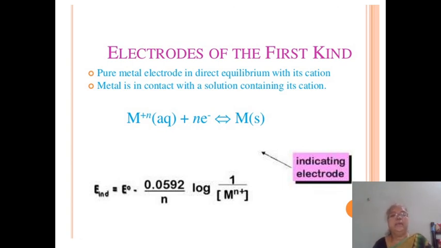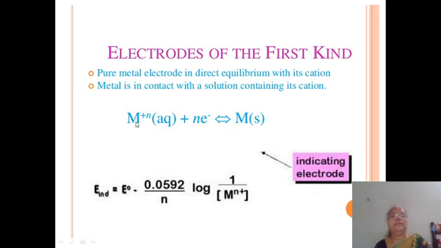Then another type of electrode is the metal electrode. When any pure metal electrode is in direct equilibrium with its cation solution, it forms the metal electrode, and for your study there are the copper electrode, zinc electrode, aluminum electrode, silver electrode, etc. The electrode reaction is usually written as a redox or reduction reaction.